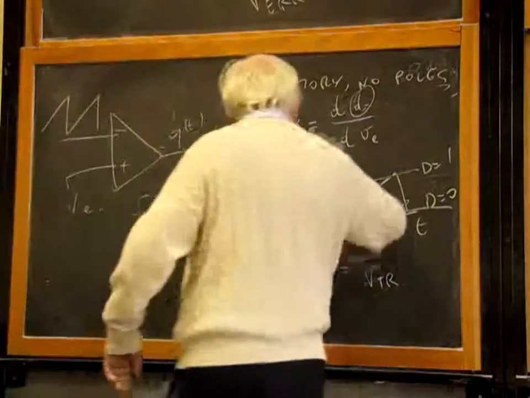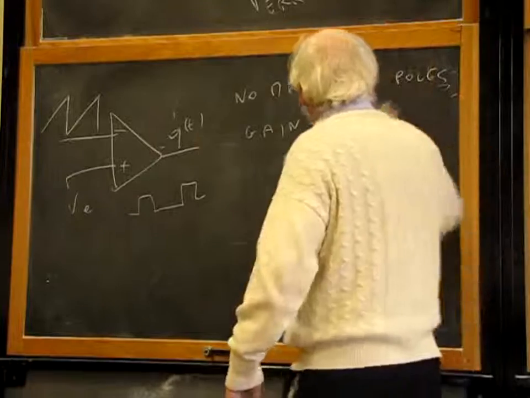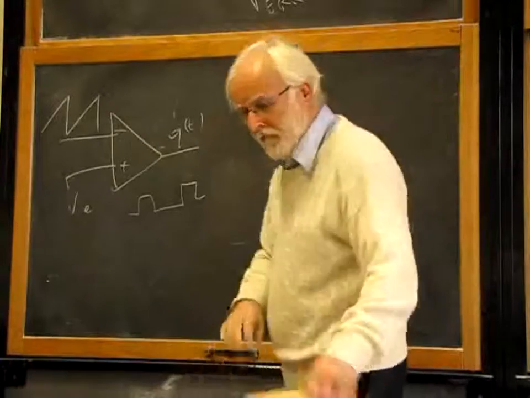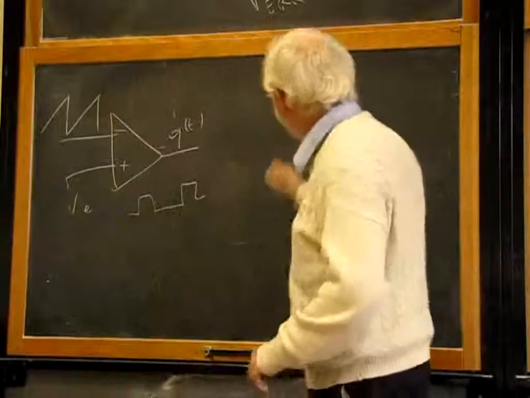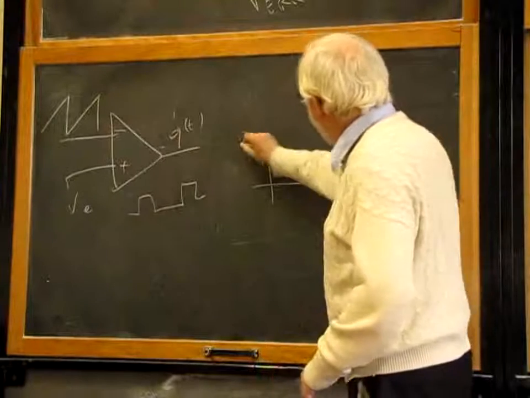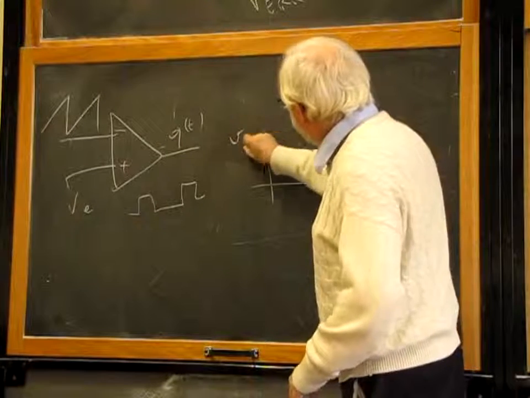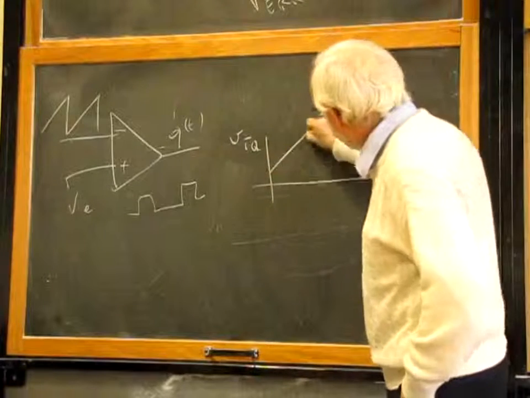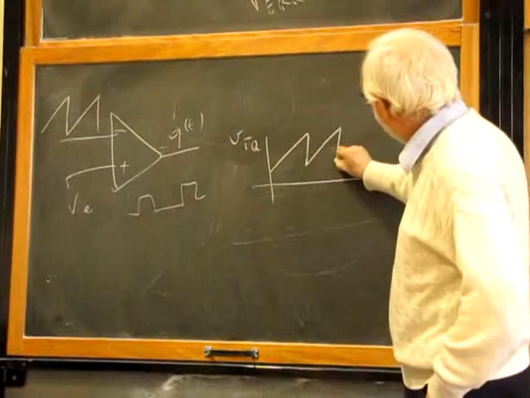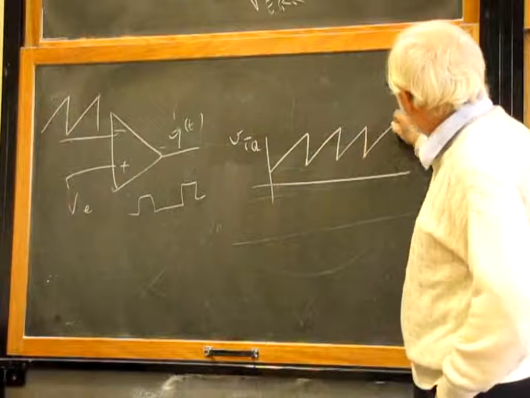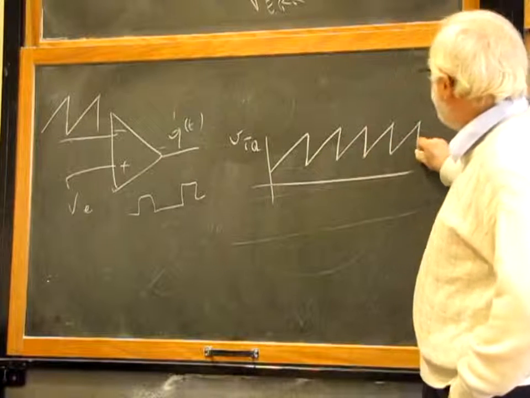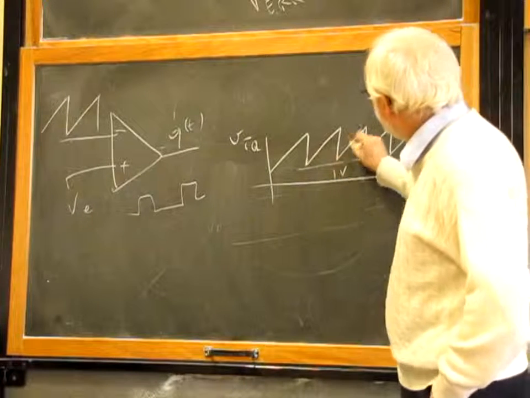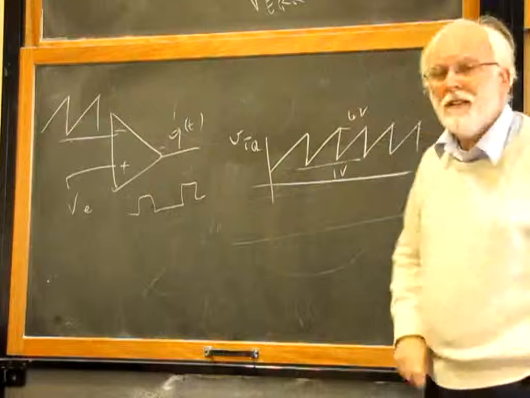What if my V triangle, instead of being the one that I just drew, is something like this. It goes, for example, from 1 volt up to 4 volts.